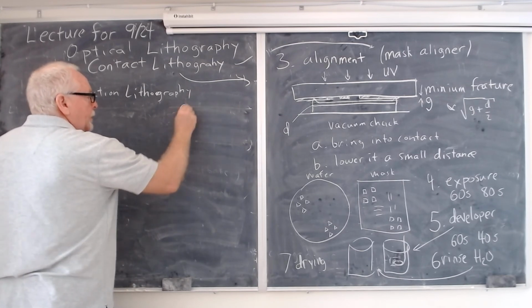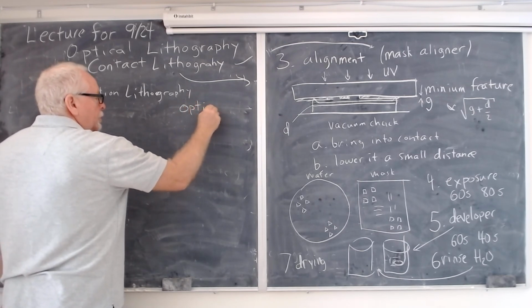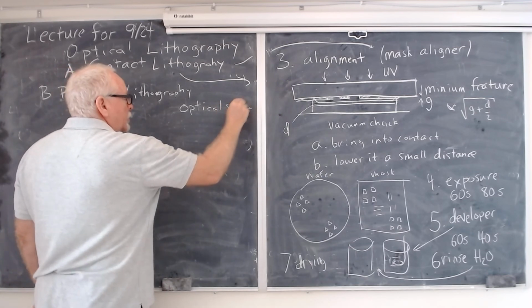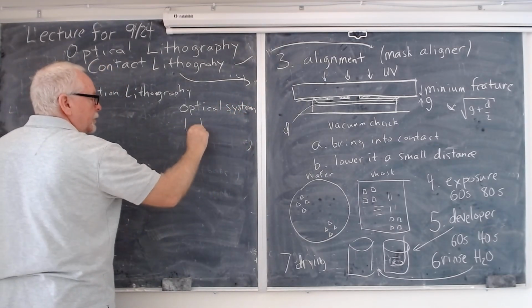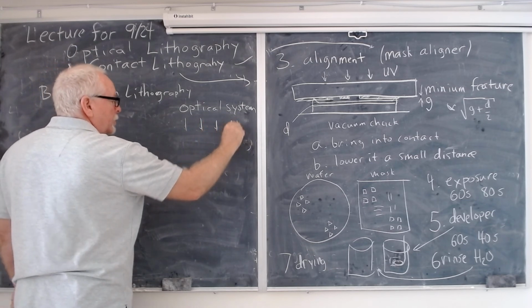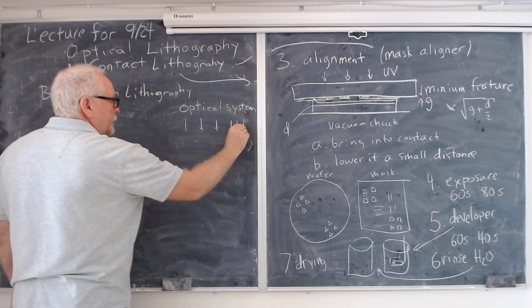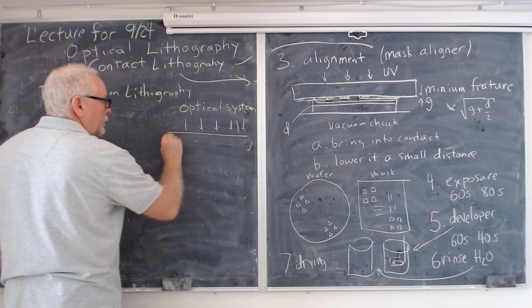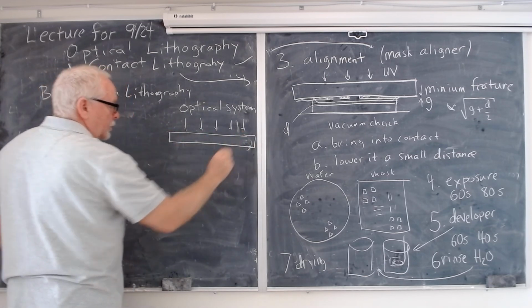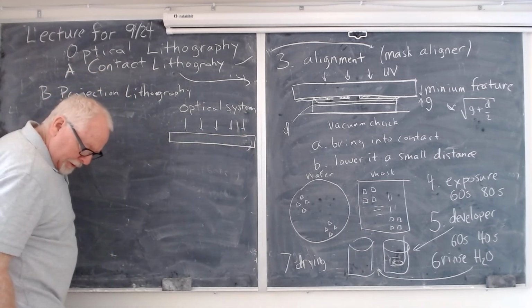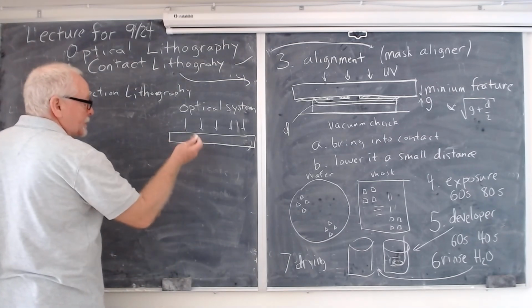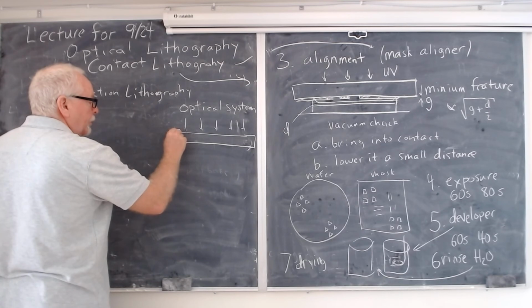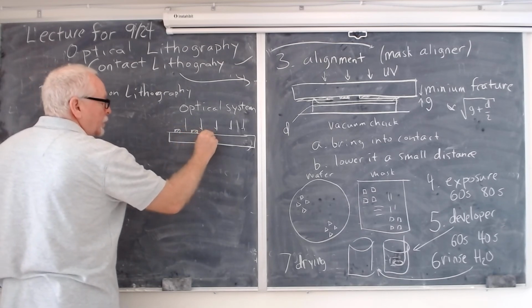There's an optical system that results in light going through your photomask, which in this case, I guess it depends on the optical system whether the features are, you know, which side they're on.